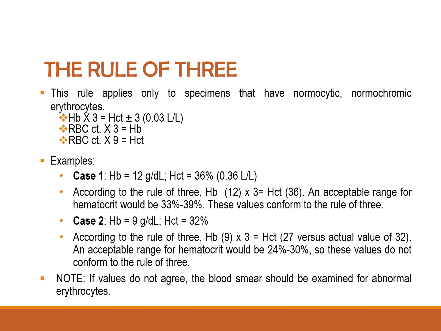An acceptable range for hematocrit would be 24 to 30% because we have to add or subtract 3 from the hematocrit result. So these values do not conform to the rule of 3. Take note that if the values do not agree, the blood smear should be examined for abnormal erythrocytes.